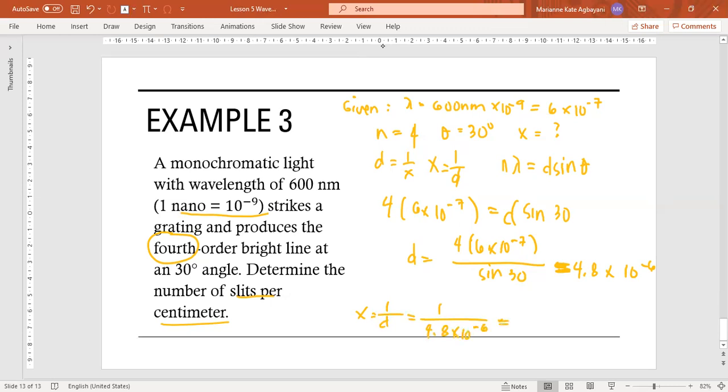So that will be approximately, to the nearest whole number, 208,333 slits per centimeter. So, muna siya ang number of slits per centimeter sa atong fourth order bright line.